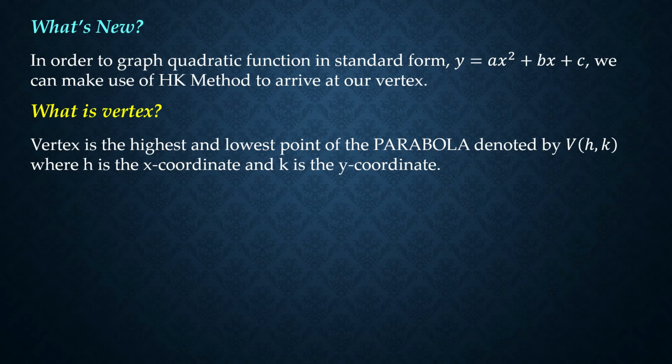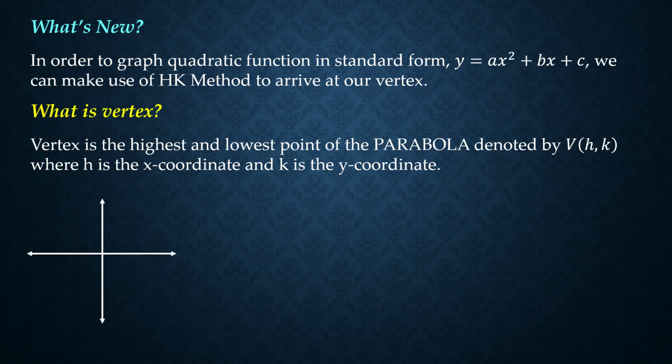It looks like a tongue, or like half of an oblong, but actually it is not considered an oblong. The vertex is denoted by V, ordered pair (h, k). In a linear equation, the ordered pair is (x, y). So the value of x is the value of h, and the value of y is the value of k when using a quadratic function, where h is the x coordinate and k is the y coordinate.